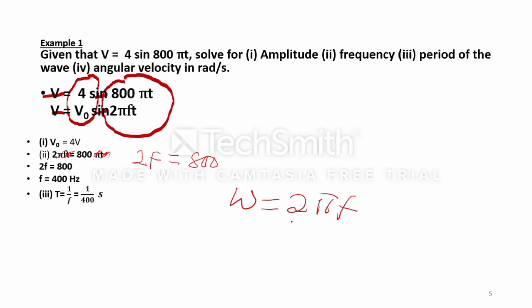So we multiply 2 times pi times 400, and that will give us 800 pi radians per second. So we have successfully solved the example here. Let's go to the next example.